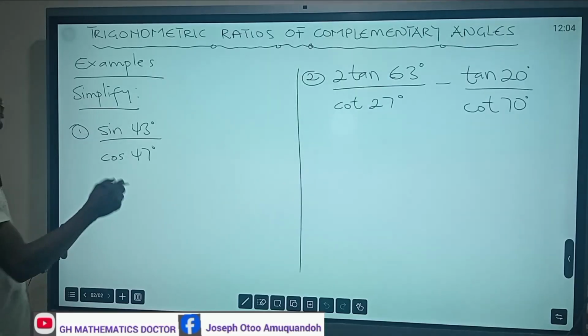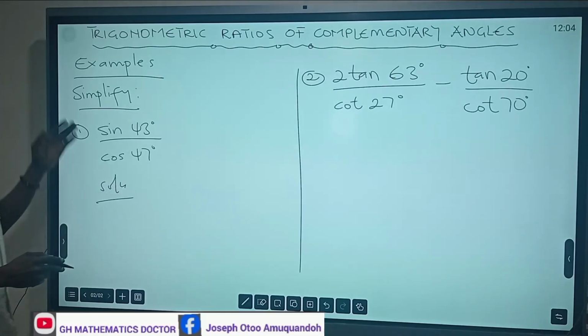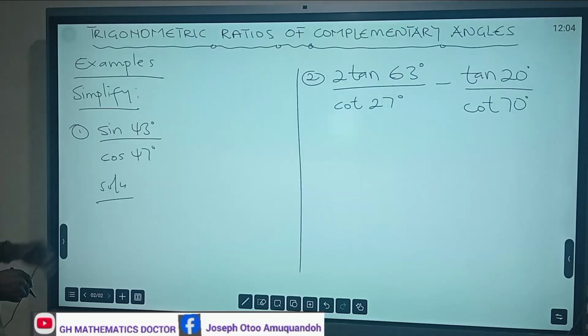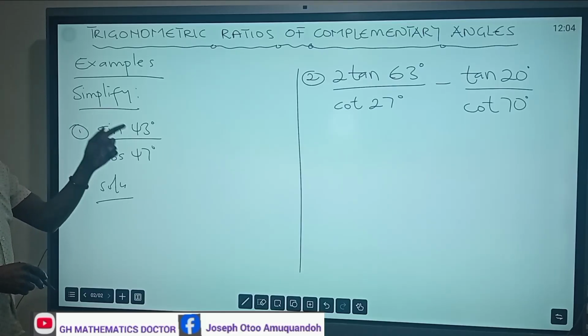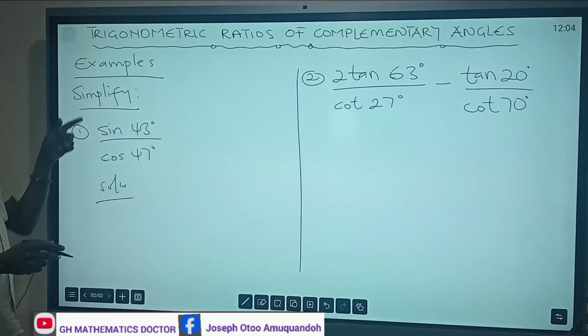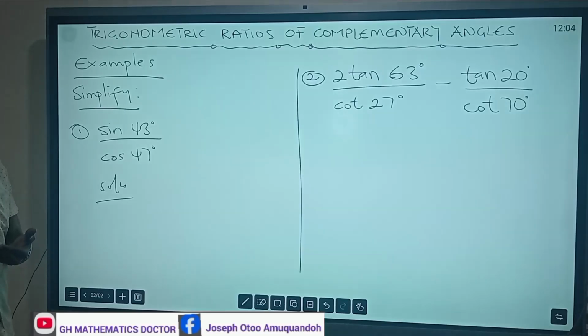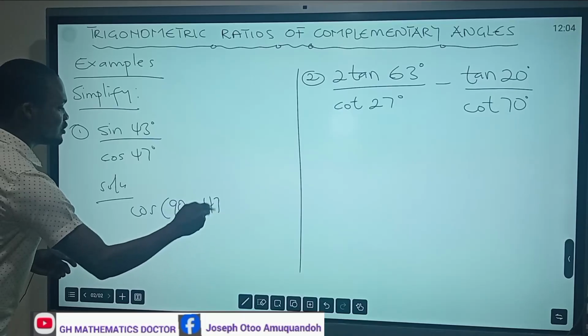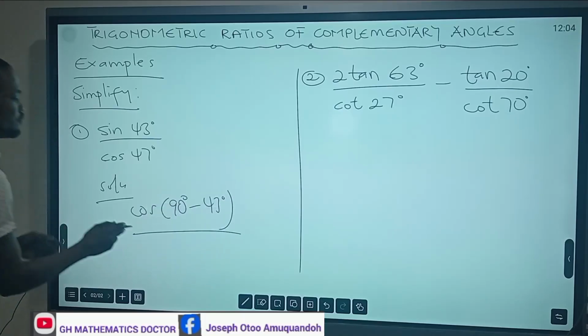Over here, I'm going to change the sine 43 degrees to cos. You know sine theta, so theta is the 43 that you see here. The sine theta will be given as cos 90 minus theta. So I'm not going to write sine 43 anymore, but I'm going to represent cos 90 minus theta, and theta is known, that is 43. So it is going to be cos 90 minus 43 degrees all over the denominator.